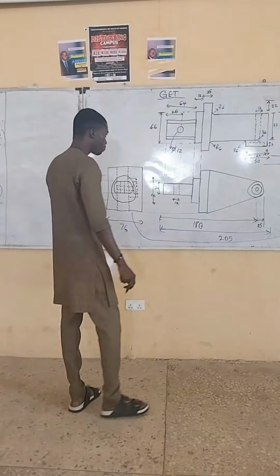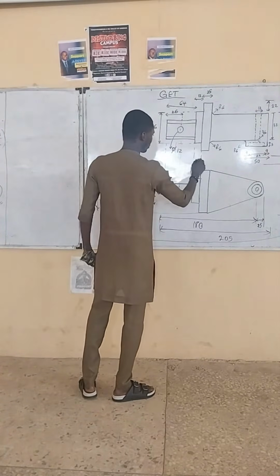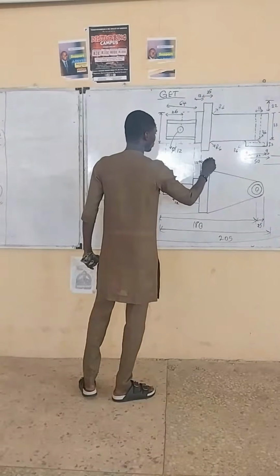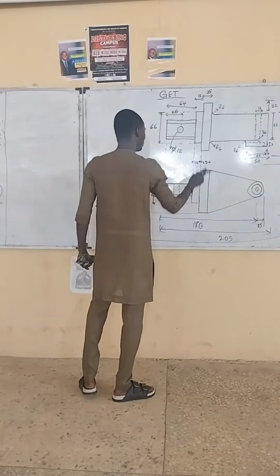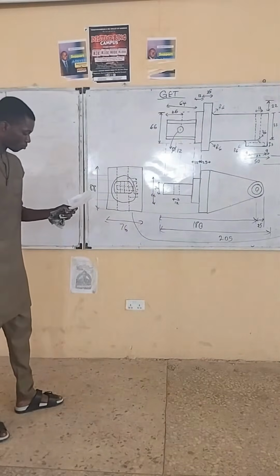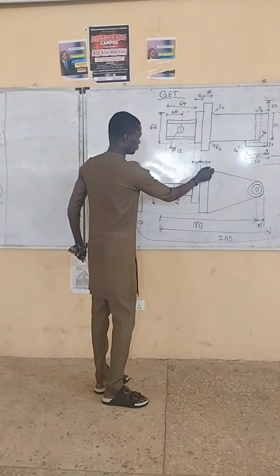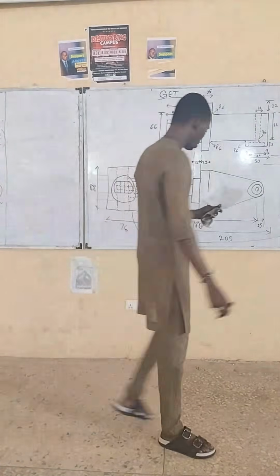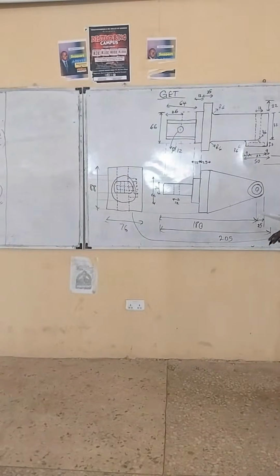So I have 12, I have 25, 12 and 25. What else? Okay, I have the diameters. I have the diameter of this one to be 50.